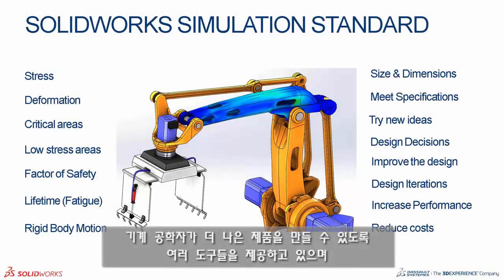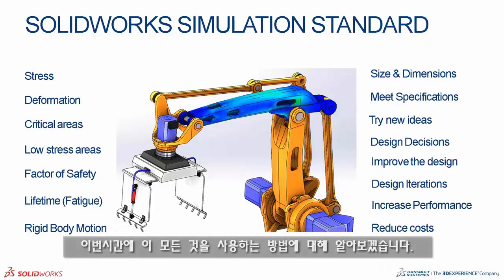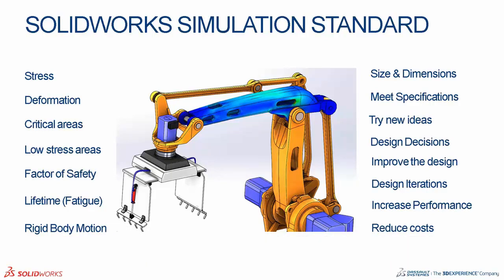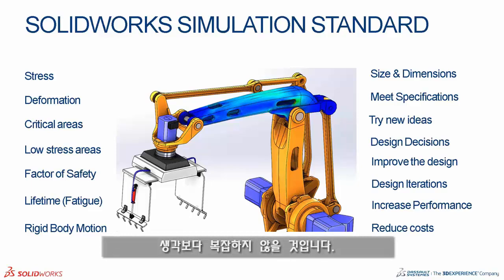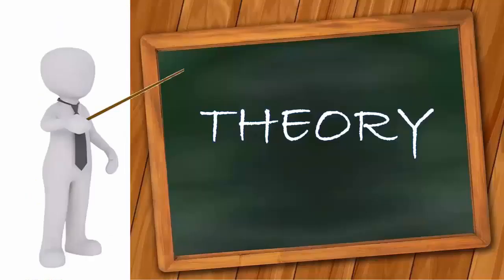So there's a lot of tools for a mechanical engineer to use to create better products. So we will cover in this session how to get started with all this. It is not that complicated, and I want to demystify the simulation.